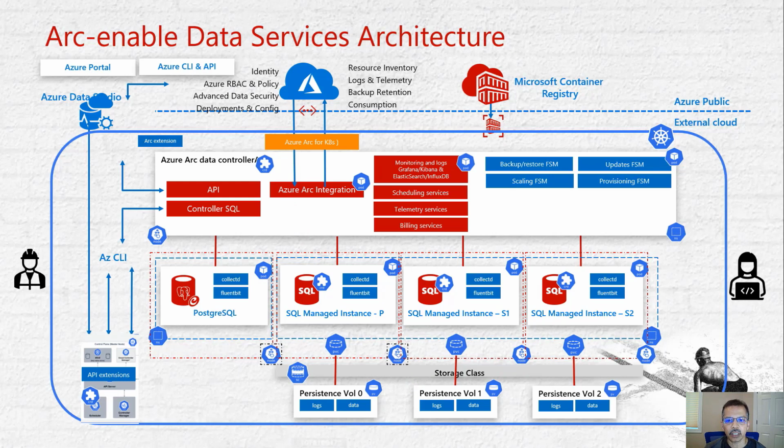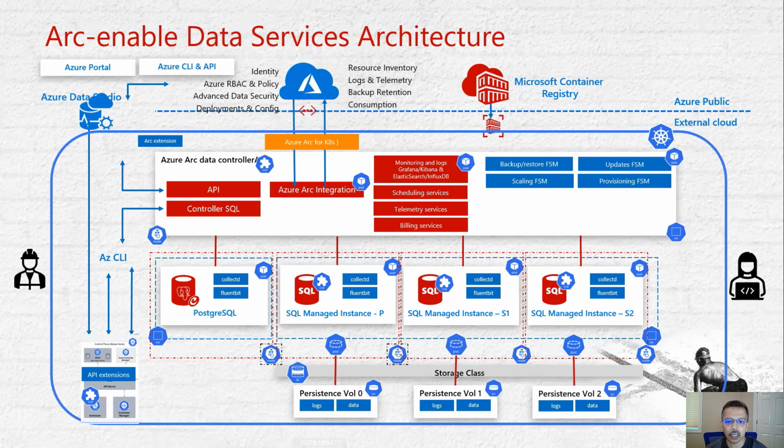The data controller itself has several pods, as you can see, and it plays various roles, whether it's scheduling the data services, telemetry, the billing services, sending data back and forth to Azure, integrating with the Azure API, converting all the Azure ARM calls into Kubernetes calls so it can talk to Kubernetes.